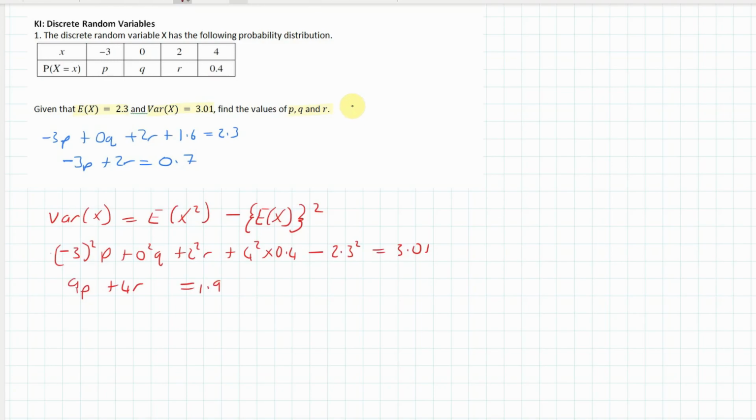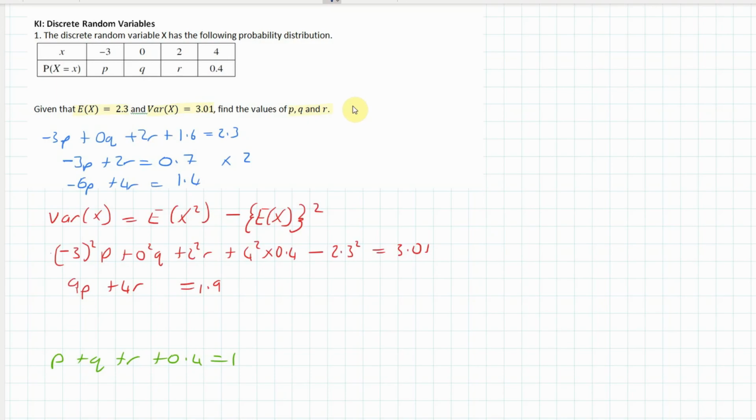And then the final thing that we can say actually is that p plus q plus r plus 0.4 should be equal to 1, all probability adding up to 1. Now I'm going to work with blue and red to start off with. I'm going to times this blue one by 2, so I get -6p plus 4r equals 1.4. And now I'm going to use a simultaneous equation.